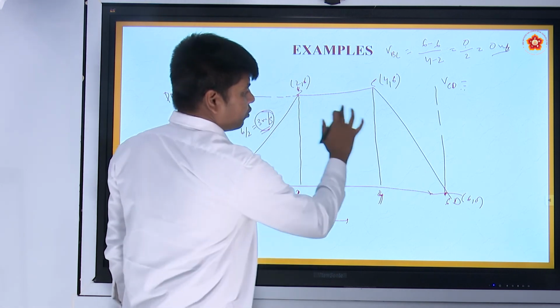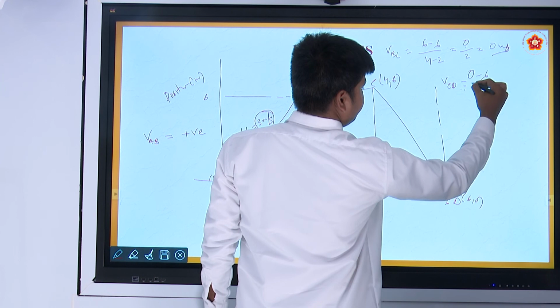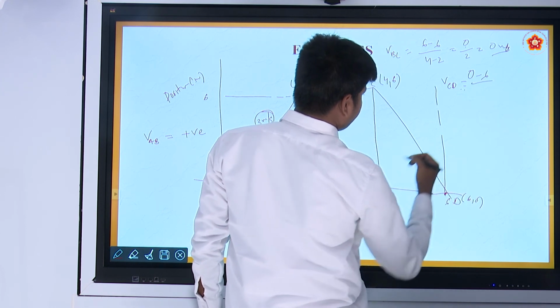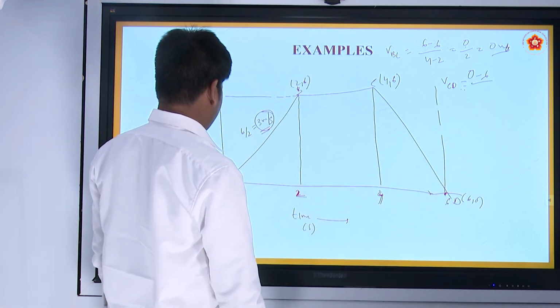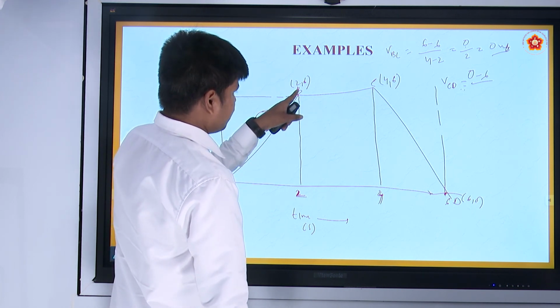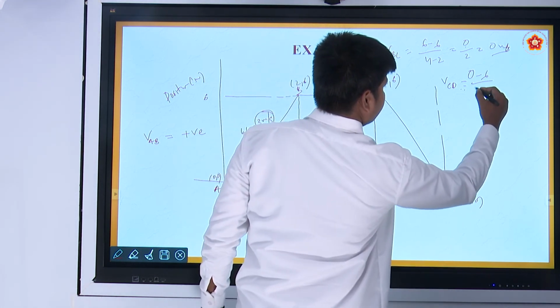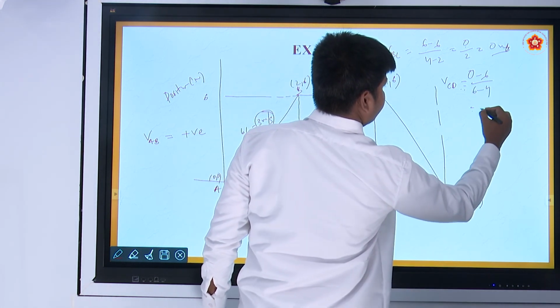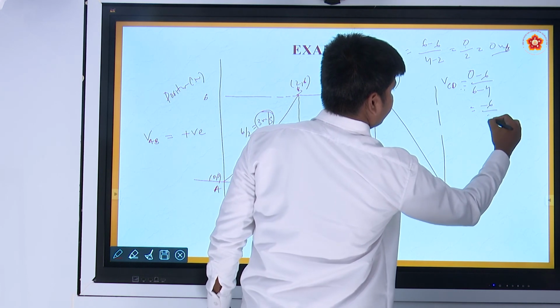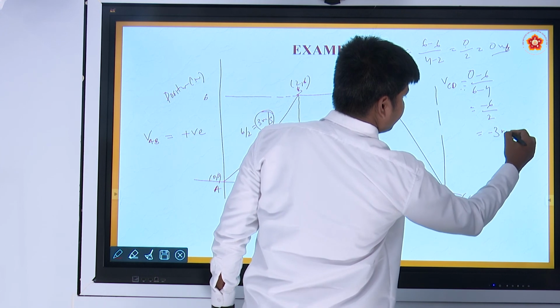So the slope is 0 minus 6 by 6 minus 4, that is minus 6 by 2, which gives you minus 3 meter per second.